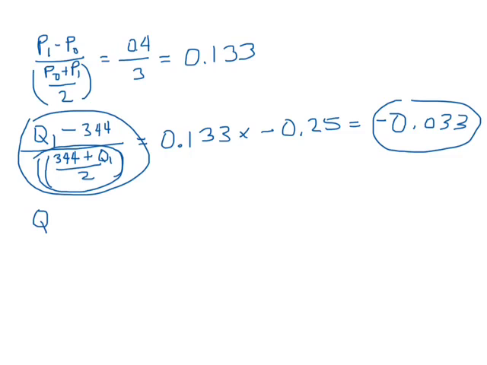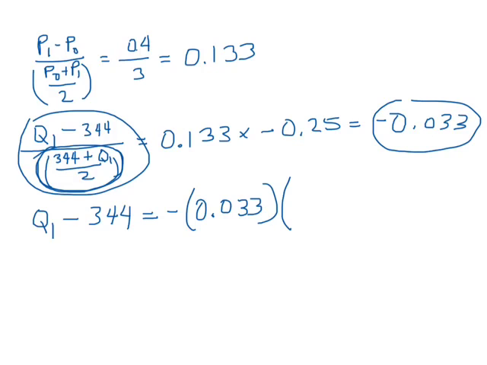That's another way to say this denominator here. All right, so that's going to free up Q1 minus 344 on the left side, and then on the right side I'm going to have negative, I'll just use parentheses, maybe that clarifies things, negative 0.033 times the quantity 344 divided by 2, 172 plus Q1 over 2.